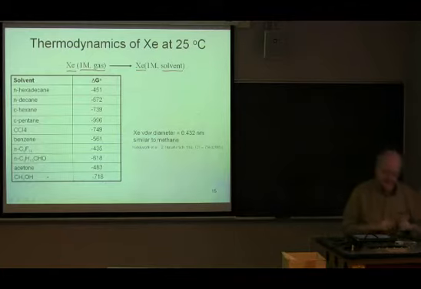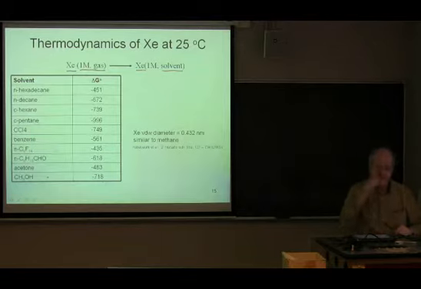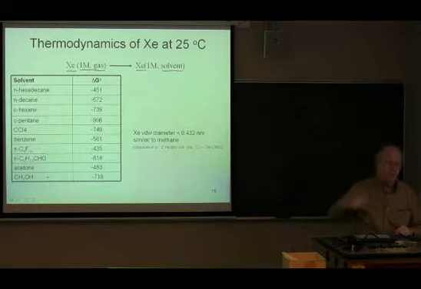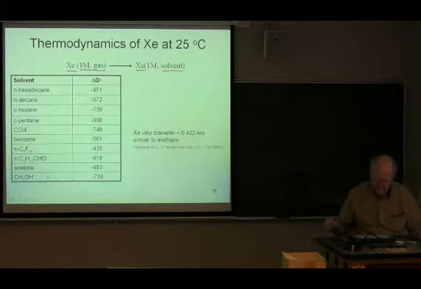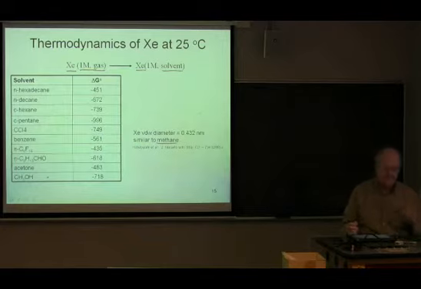Another way to say that is if I made a stationary phase out of hexadecane and I injected xenon it would go into the hexadecane pretty willingly. Xenon, by the way, is about the same size as methane, but it's less polarizable than methane, so it's going to be less soluble than methane.